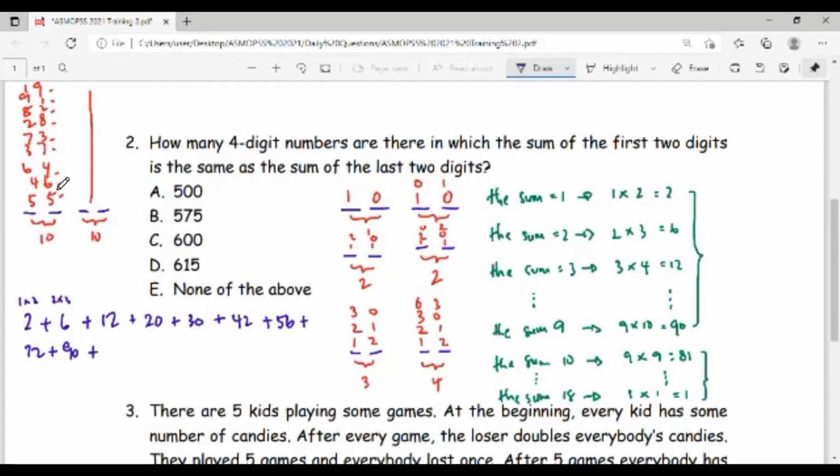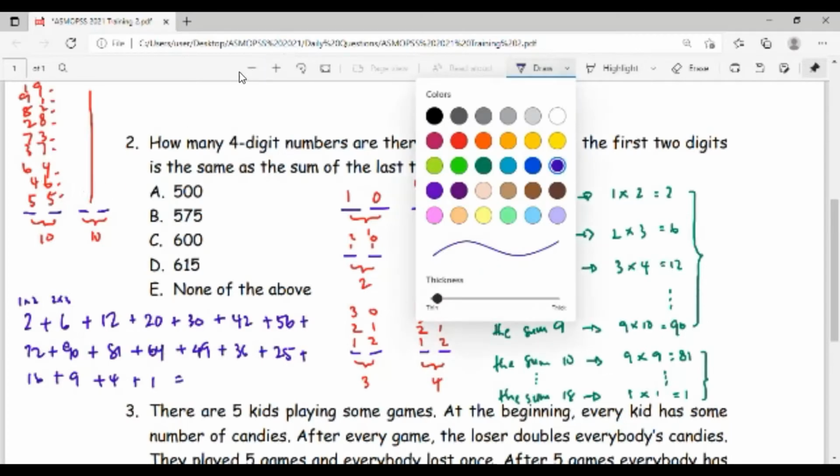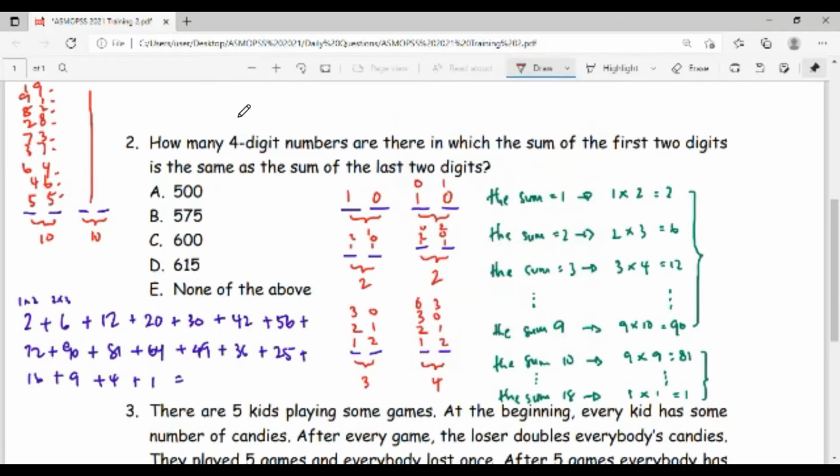And then it changes to the square numbers: 9 squared, 8 squared, 7 squared, 6 squared, 5 squared, 4 squared, 3 squared, 2 squared, and 1 squared. So we just simply have to add them. And there's actually an easy way to add, that is making tens or hundreds. So that's what we're going to do.